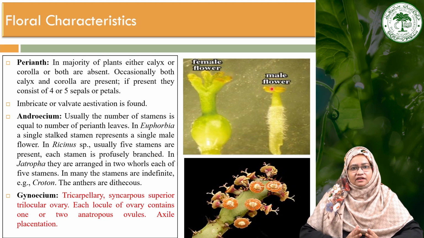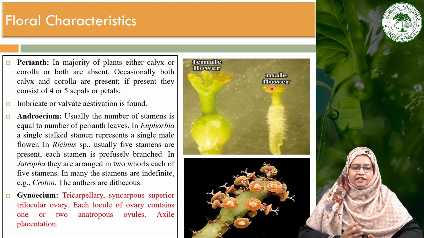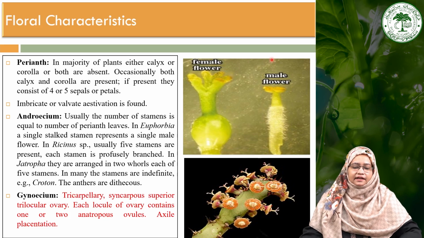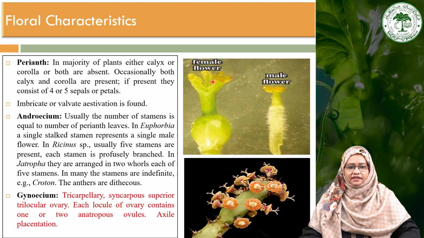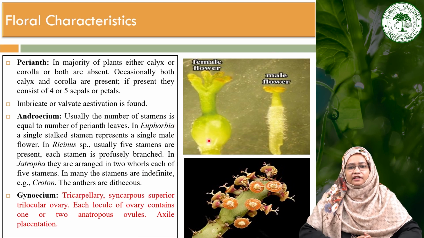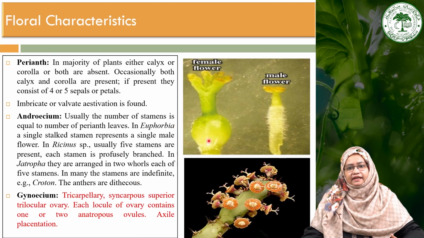Now moving towards the female reproductive part, that is the gynoecium. Gynoecium is tricarpellary, syncarpous, superior with a trilocular ovary, and each locule of the ovary contains 1 to 2 anatropous ovules that show axile placentation. And in the Euphorbia genus, this gynoecium represents the whole female flower because they don't have a calyx or corolla.